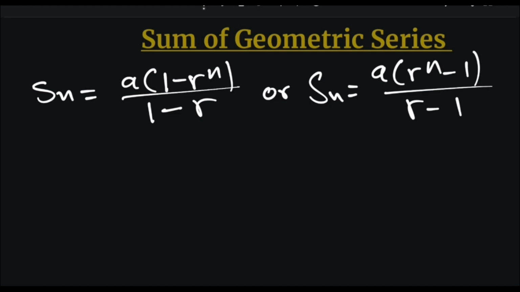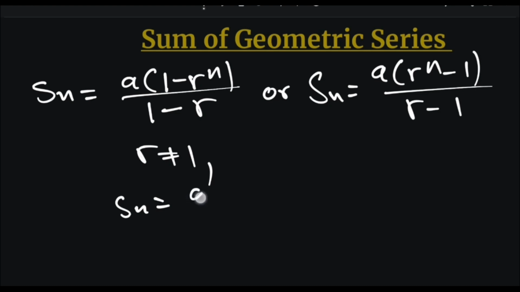For both of these formulas, r must not equal 1, because whenever r is equal to 1, you will be dividing 0 by 0. Let me prove that to you. Let's say r is equal to 1, and let's take n equal to 5.